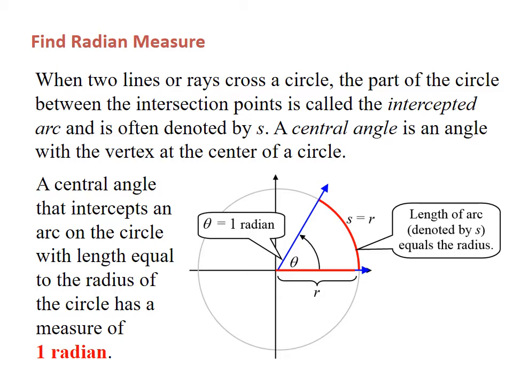But this angle measure here is equal to 1 radian measure. And page 448 in the text will explain this to you a little bit better, but the length of the arc here is equal to the radius. So wherever that occurs, that is equal to 1 radian.